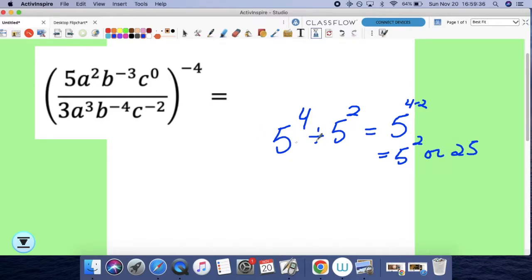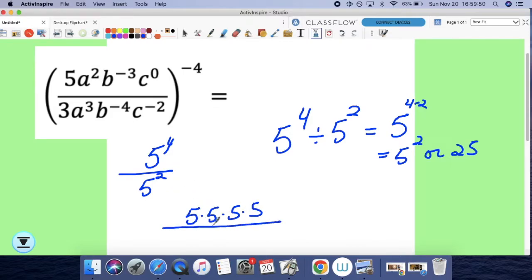Now, we can rewrite this as a fraction. Better yet, let me show you something else. If we expand that, we get 5 times 5 times 5 times 5. And at the bottom, we have 5 times 5. Now, you know that we can simplify this too.